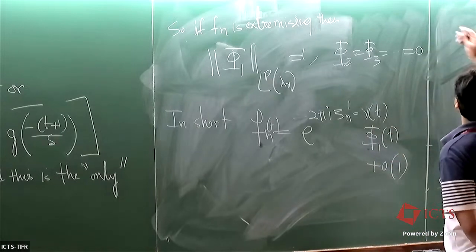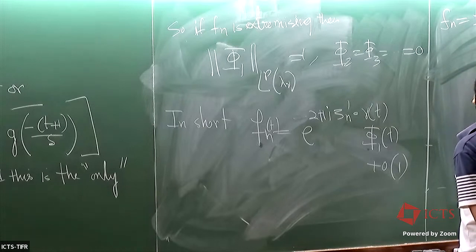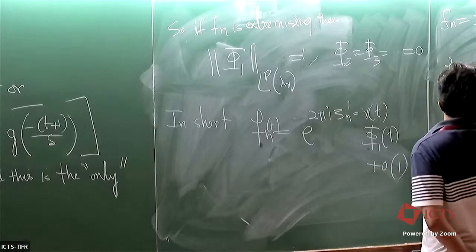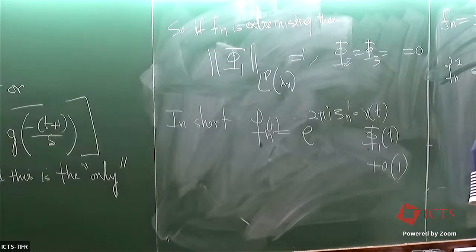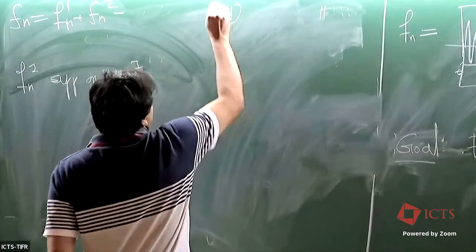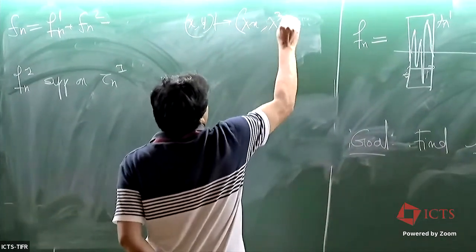Remember, we can write again Fn as Fn1, Fn2, and so on. And Fn1 is supported on an interval tau_n1, right? Now the cubic monomial (t, t^3) is preserved under this anisotropic scaling: (x, y) goes to (lambda x, lambda^3 y).